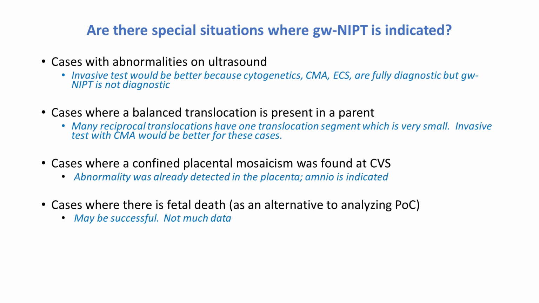So there's really not much data on this. And it's also worth pointing out that an analysis of a product of conception will actually get you some things that a genome-wide NIPT won't get you, and that includes triploidy, which is quite important to identify as a cause of a pregnancy loss.